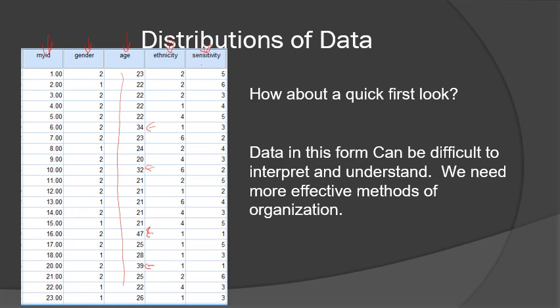It's difficult to interpret, it's difficult to understand, so we need something more effective for organization. And that's what we're going to cover this week, looking at better ways to organize it. We're going to look at some graphical ways to do it, and then we're also going to include things like the measures of central tendency and measures of variability.